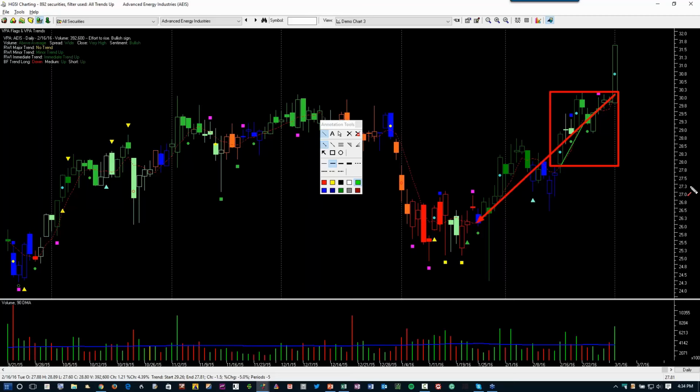Now, right now there's no way to actually draw the random walk index in HGSI, and it's on the list of indicators to do, so we'll add it as another charting indicator, and you'll actually be able to see what the random walk index for these stocks look like, and that might change people's opinions of how good or bad that trend is.